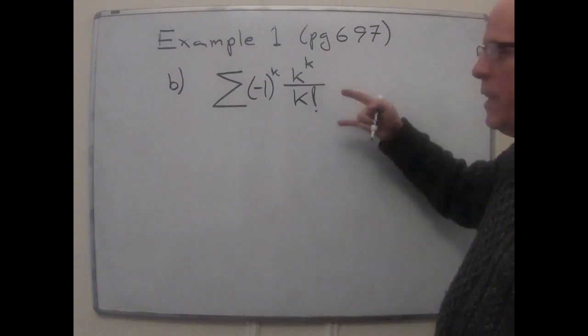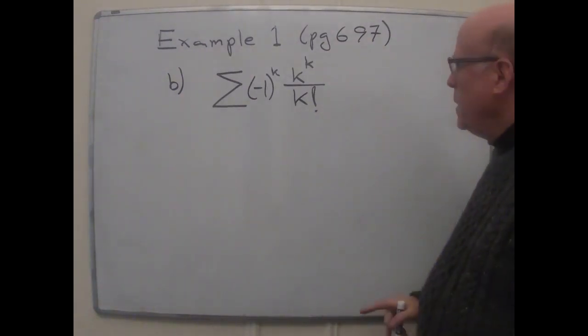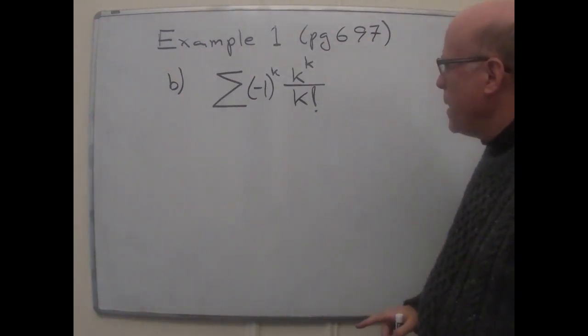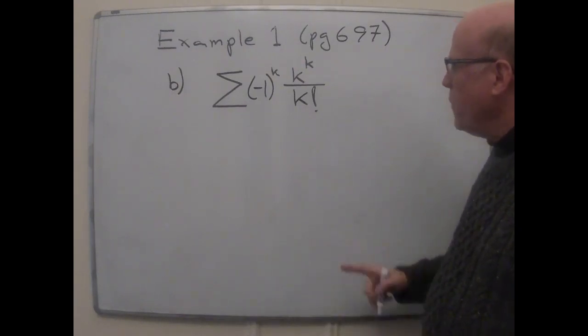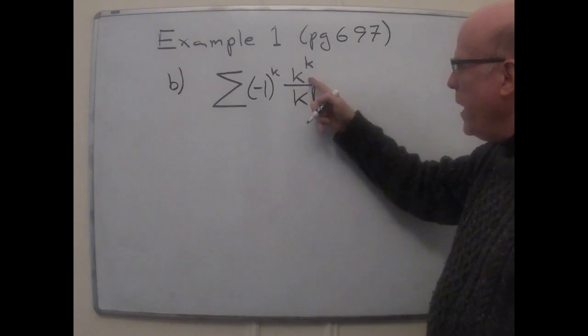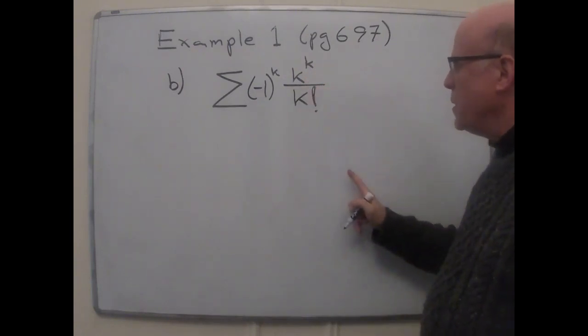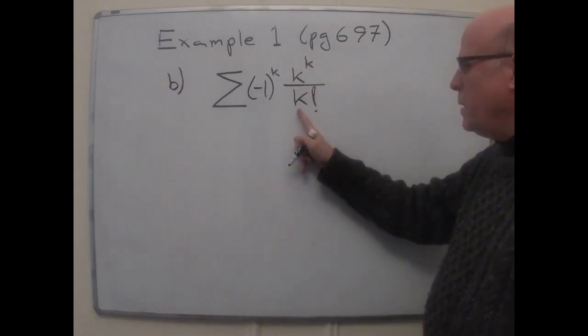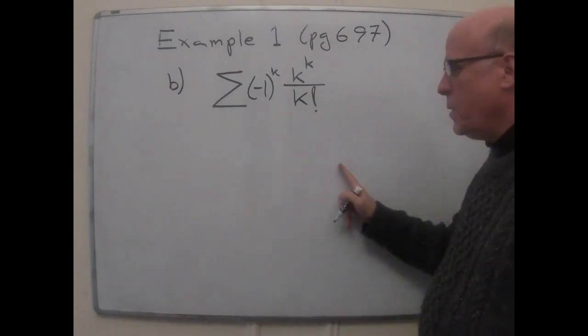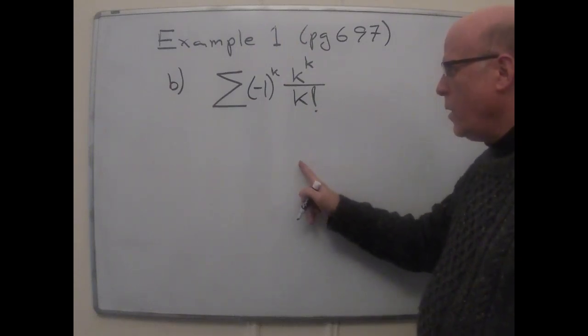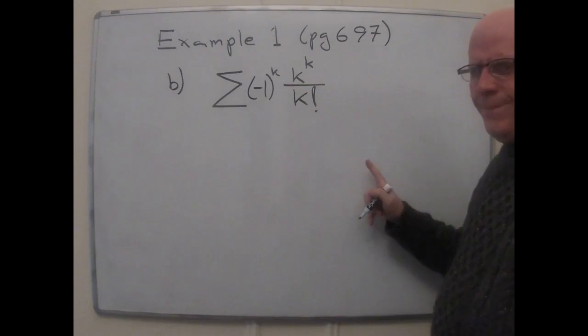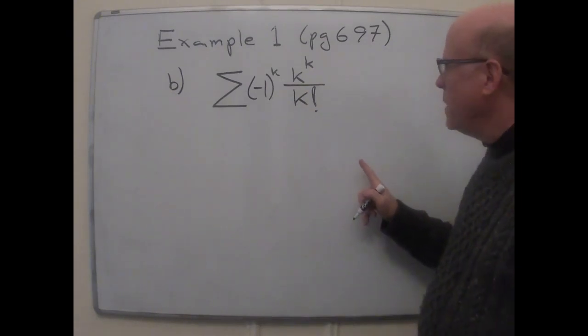Which is bigger, k to the k or k factorial? k to the k has k copies of k. It's k times itself, k times. k factorial has k numbers multiplied together, starting at k and going down. So it might seem like they're about the same size, right?